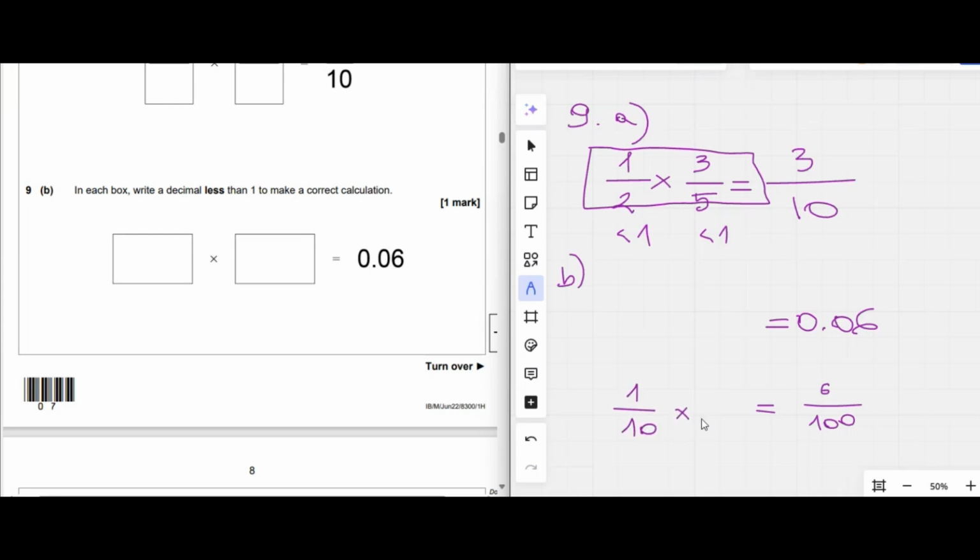That seems easy. And what would be the other number? 6 times 10, 6/10. Yeah, 6/10. So now let's convert that back to decimals. 1/10 is 0.1 and 6/10 is 0.6. If we multiply this, it will be 6/100. Okay, that's that.